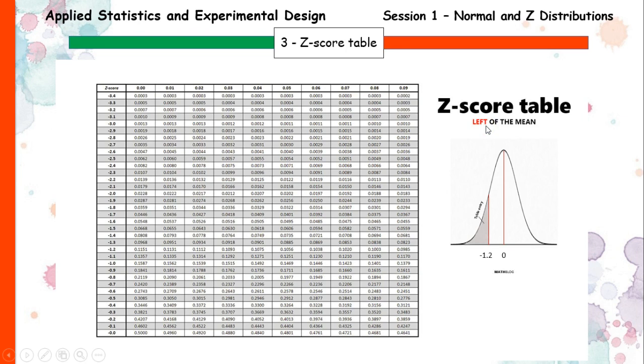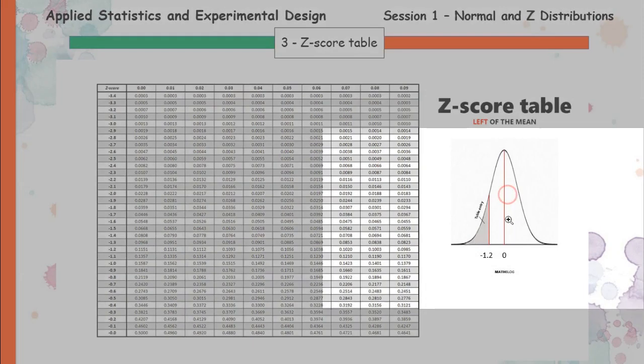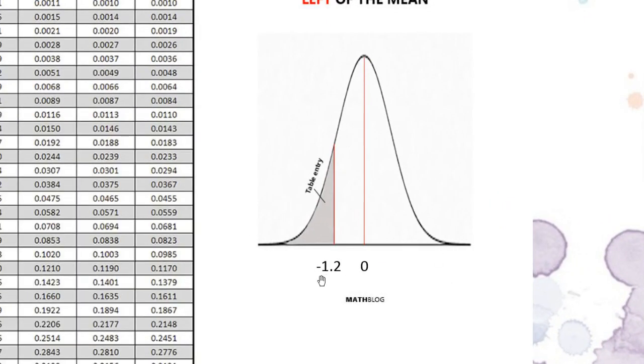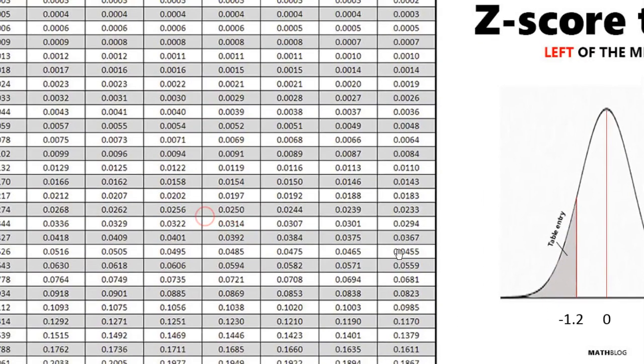So this is the z-score table, and we use it to get the probability of a desired value. For example, here we have -1.2, and we want to see the probability of values equal to or less than -1.2.